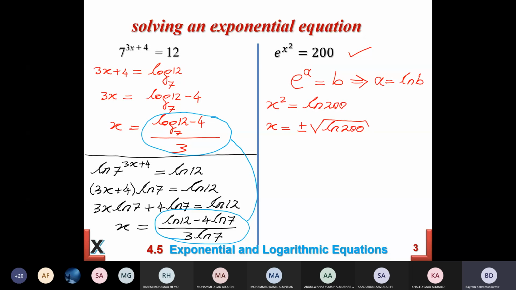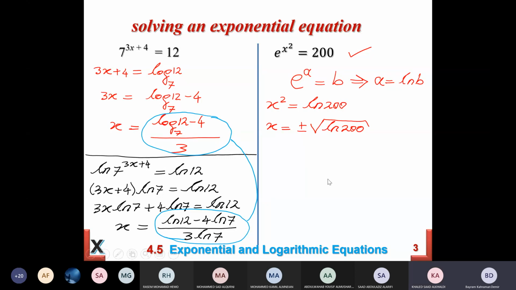You understand? Same value, just a different way of writing, a different expression. But the exact value is the same, of course. All right? Yes, we can use logarithm like this, Shabab.